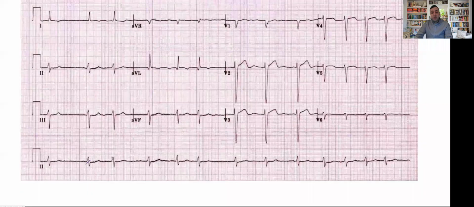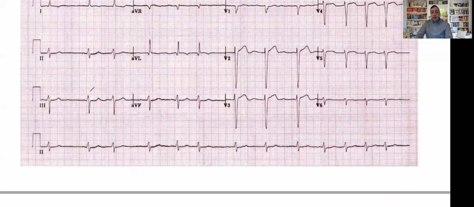As we can see here, we can't figure out the P wave. So here we have absent P wave, and the QRS is normal, which is narrow QRS, and the rhythm is irregular. As we can see here, this R to R distance is smaller than this R to R distance, and it's different compared to this R to R distance.